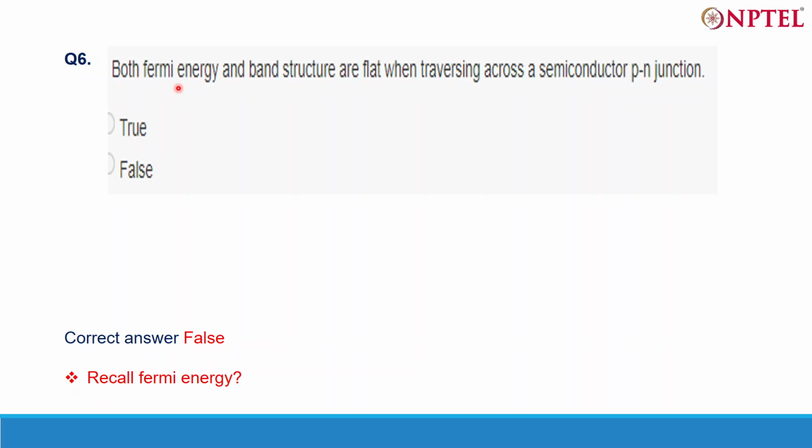Can you recall the Fermi energy? Basically, the Fermi energy level is the energy level occupied by an electron orbital at a temperature of 0 Kelvin.